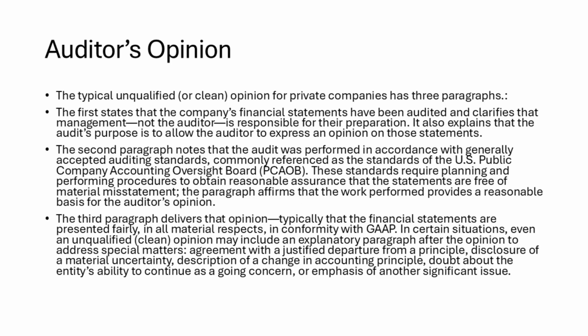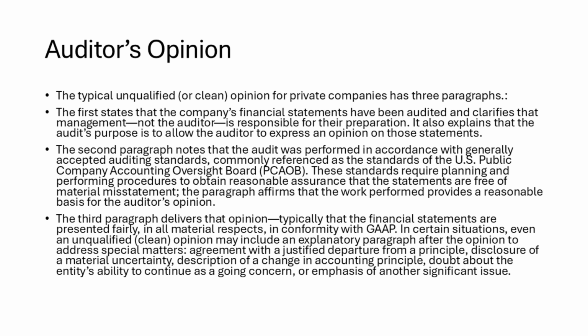The typical unqualified or clean opinion for private companies has 3 paragraphs. The first paragraph indicates that the financial statements have been audited and are the responsibility of the company's management. This paragraph states that the audit was conducted to express an opinion on the financial statements. The second paragraph indicates that the audit has been conducted in accordance with generally accepted auditing standards.